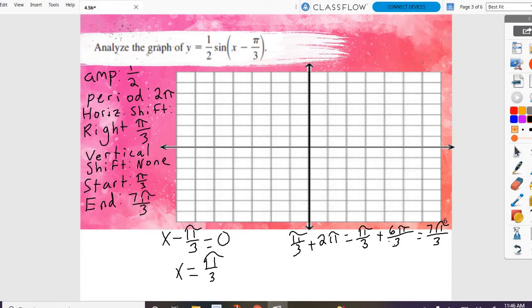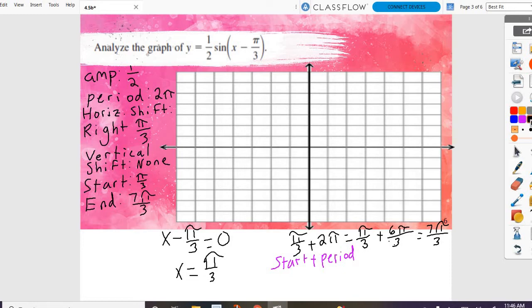And the reason that we want to find that stuff first is because it's going to allow us to label our units easier. Wait, so to find the end, you just take the start? So this was our starting spot, and then I added the period of the graph, which in this case was 2 pi. But if it was something else, then we would add whatever that was.